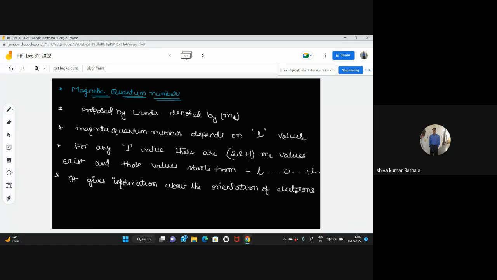It gives you information about the orientation of electrons. That is the number of suborbitals of an orbital. So what will it give? It will give information about the number of subsets of an orbital. We are going to get this. Okay? Next point.